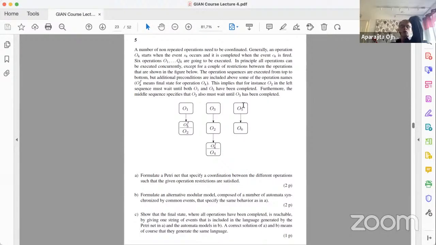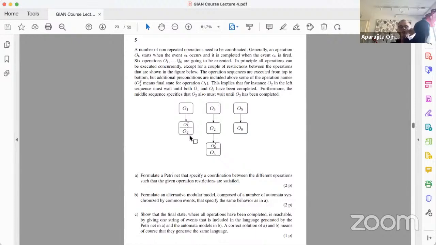And of course, I could also have tried to put some arrows from O1, O3, and O5 to this operation O2.